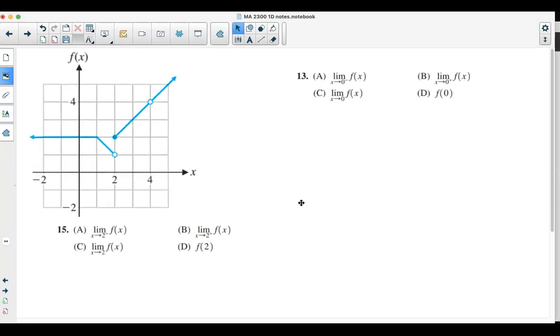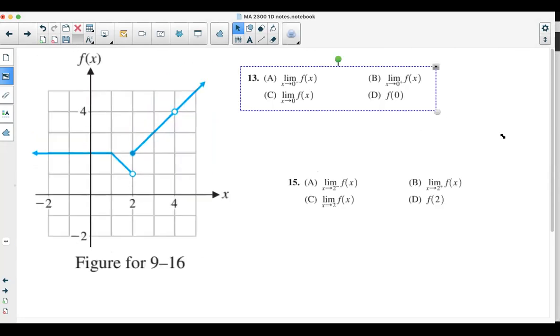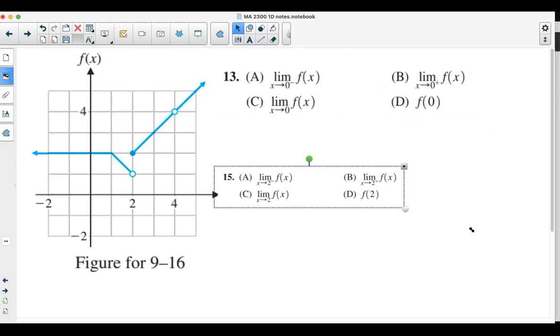Let me make this one bigger. So 13 is this, and 15 is this.